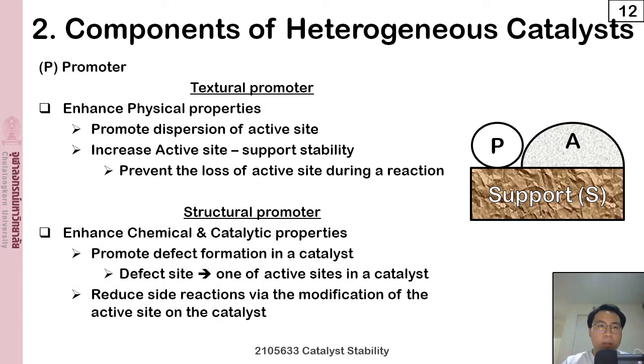So the last component is the promoter. The promoter can be classified into two types: the textural and the structural. It's easy to differentiate. The textural promoter will enhance the physical properties, while the structural one will enhance the chemical and catalytic properties. So let's see the textural. In terms of physical properties, they promote the dispersion of the active site.